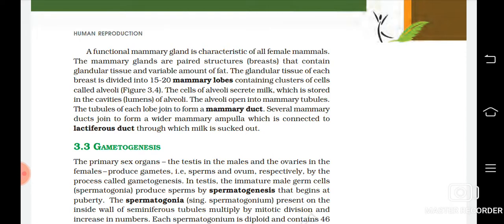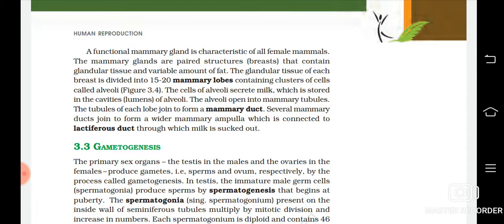And then these alveoli open into mammary tubules, and each tubule from different alveoli of different lobes joins to form mammary ducts, and several mammary ducts join to form a wider mammary ampulla, and that is connected to the lactiferous duct, through which the milk is sucked out.